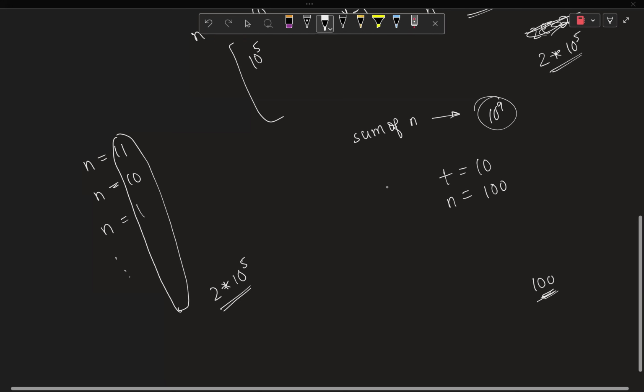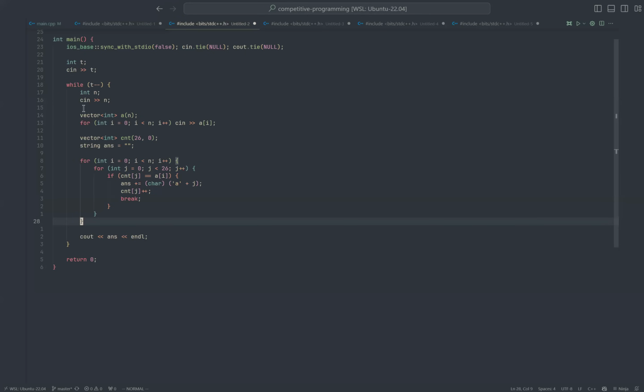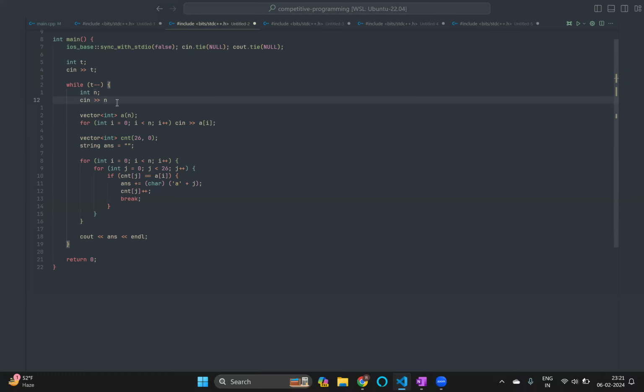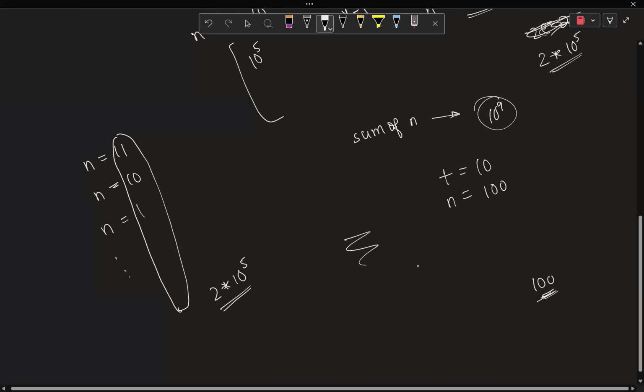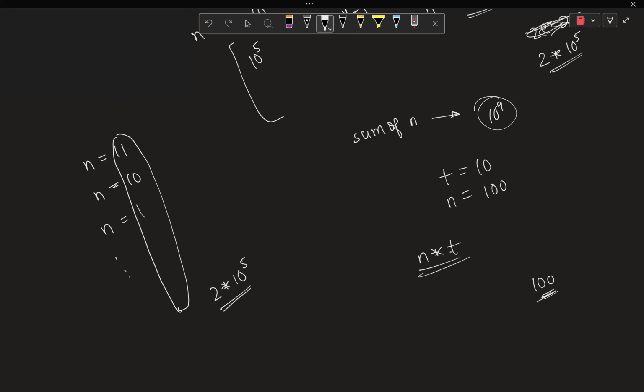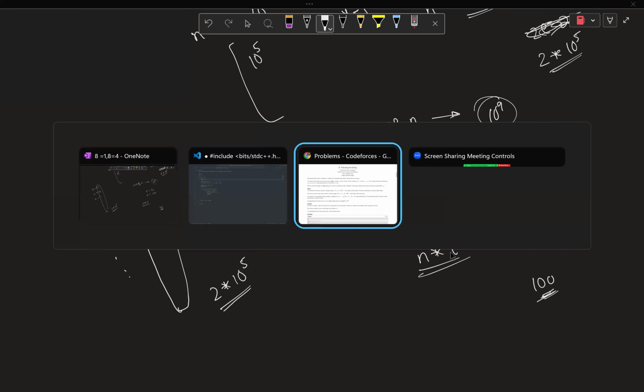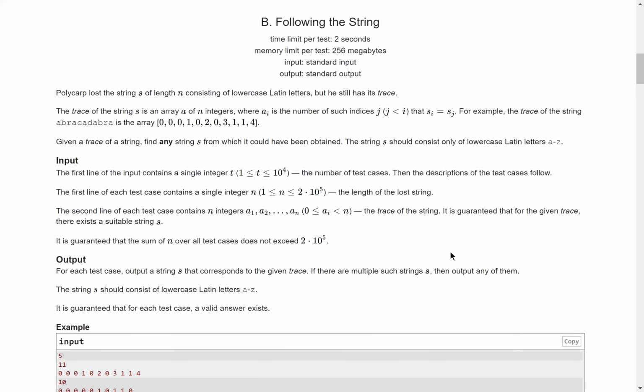At the very least, they have mentioned that for all the test cases, the sum of n will never be greater than 2 into 10 raised to the power 5. So you don't really have to worry about something like n into t for the total sum of n. In case they had not written this line, you could have considered that in every test case the maximum value can be 2 into 10 raised to the power 5.